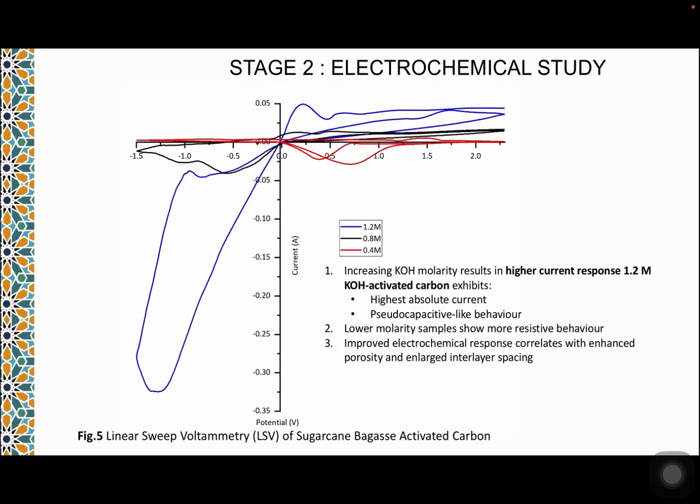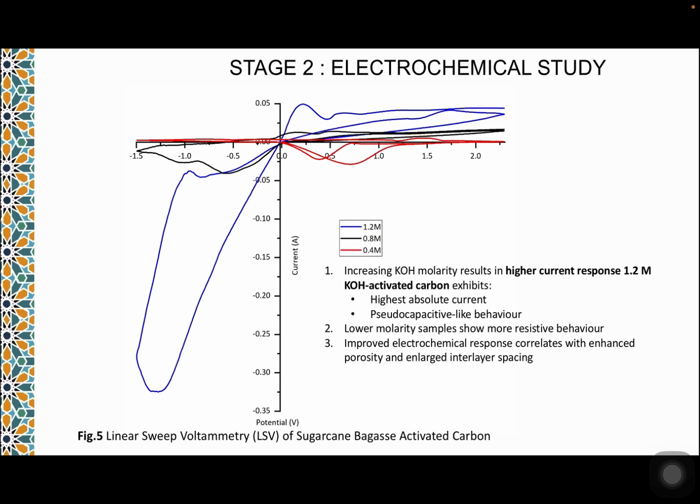At the final stage, we did the electrochemical study, where we ran a linear sweep voltammetry of sugarcane bagasse activated carbon. As we can see from the LSV here, increasing the KOH molarity results in a higher current response.